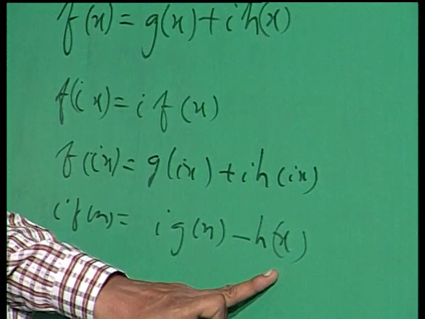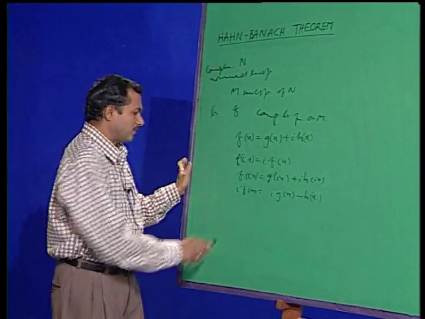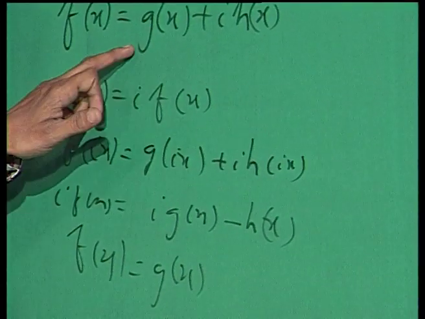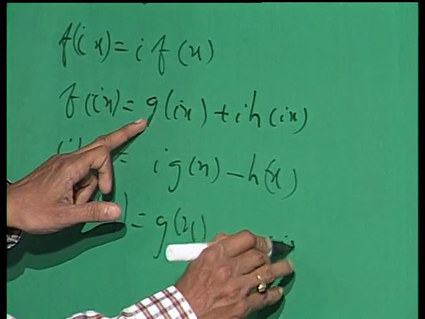So this h of x is equal to minus g of i x. Therefore, f of x will be equal to g of x plus i times h of x, that is, g of x minus i times g of i x.